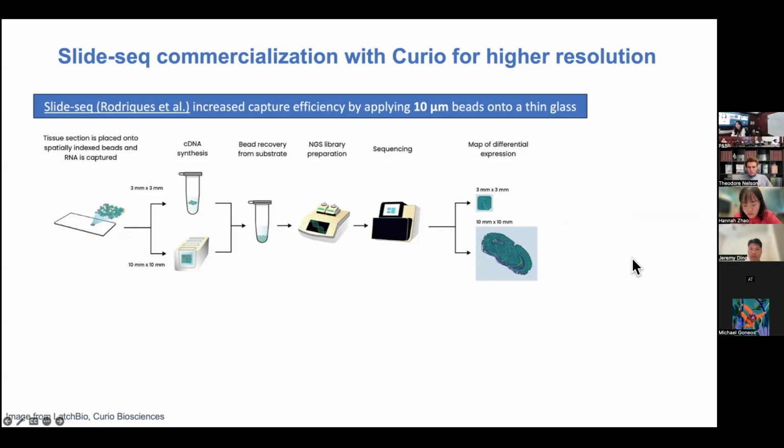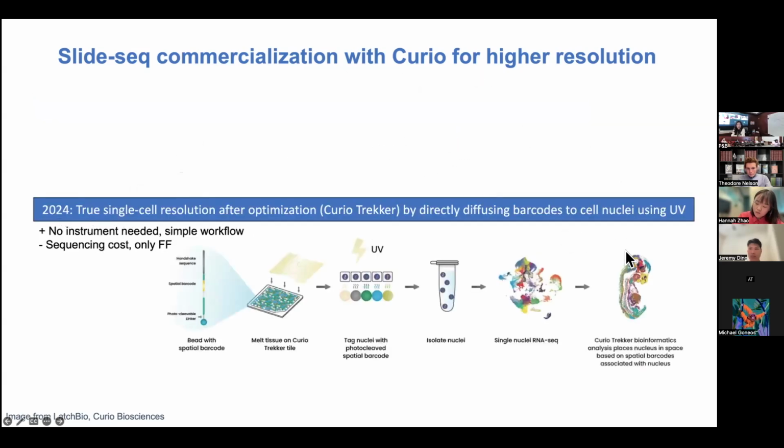This allowed us to get, because of the bead sizes, up to 10 micron beads, which was the commercialized version for Curio Seeker, and which later became Curio Trekker, which came up with slightly smaller beads, but also allowed the beads to detect specific regions in the nuclei, so that it more became single nuclei sequencing with the beads.